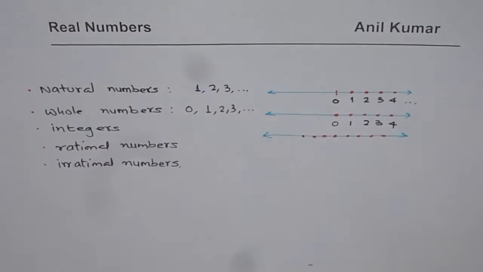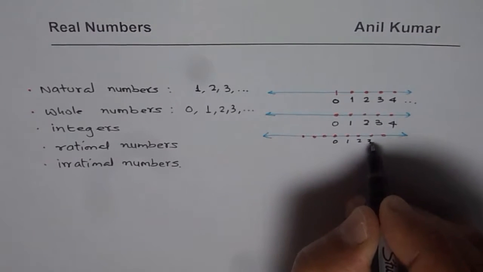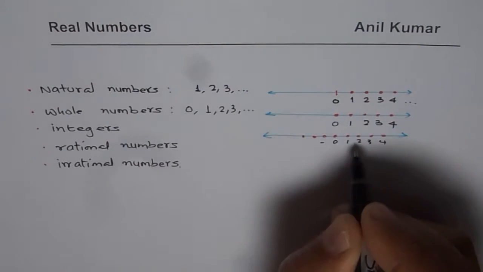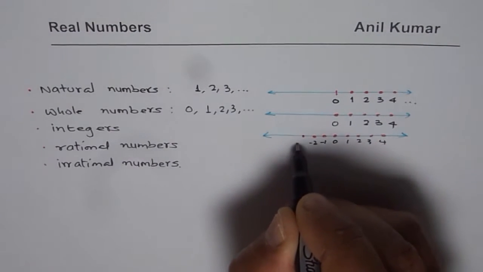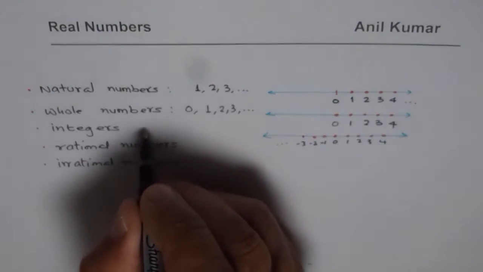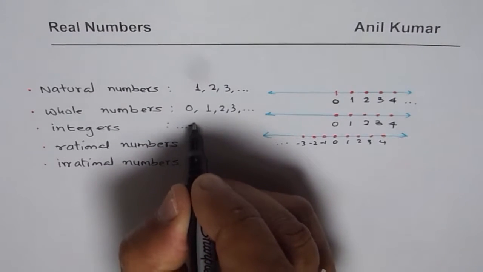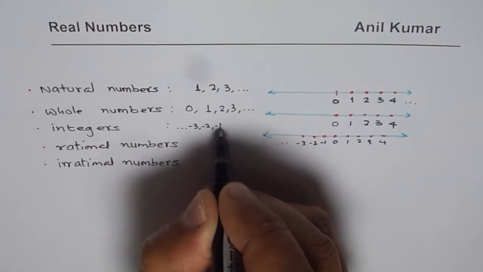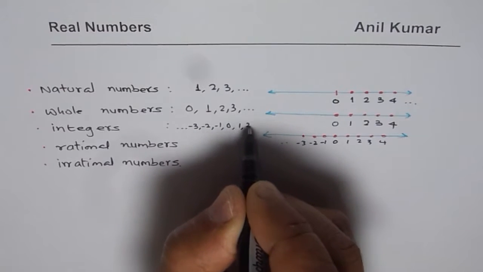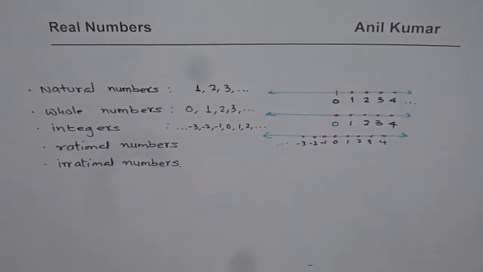And we could write them as 0, 1, 2, 3, 4, the whole numbers, and negative of these, -1, -2, -3, and so on. So integers extend on both sides. So numbers like -3, -2, -1, 0, 1, 2, and so on are the integers.